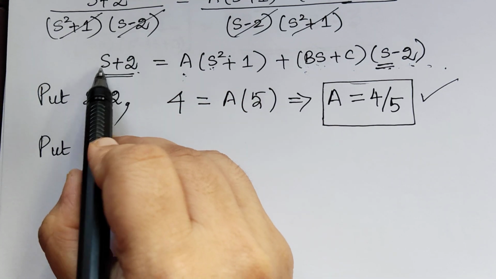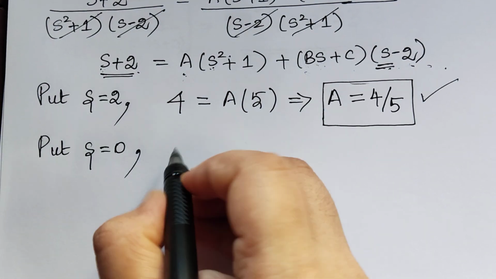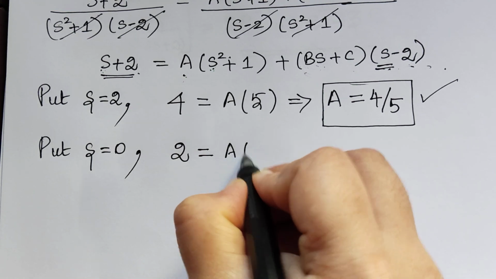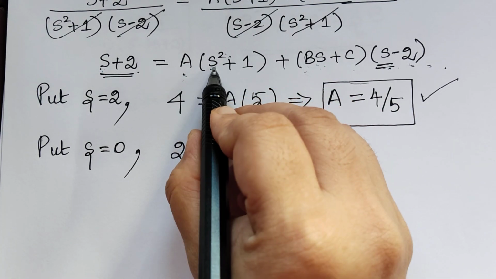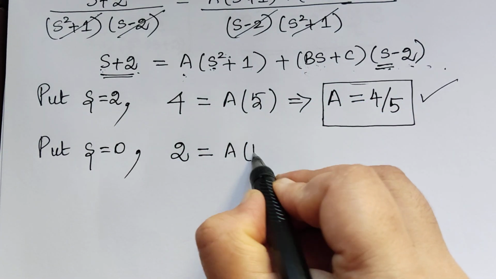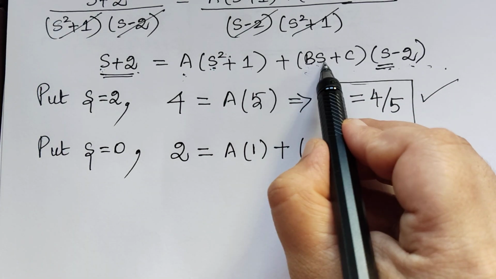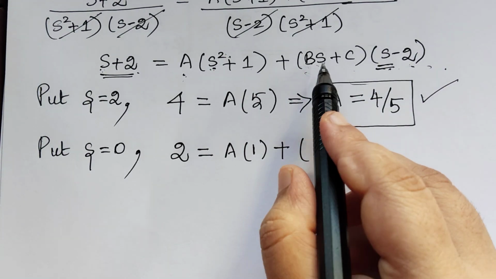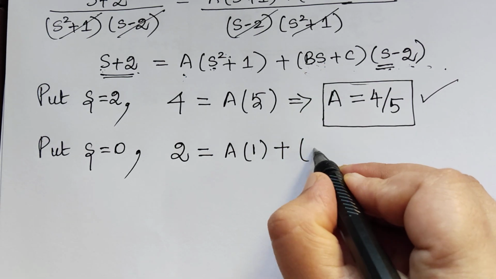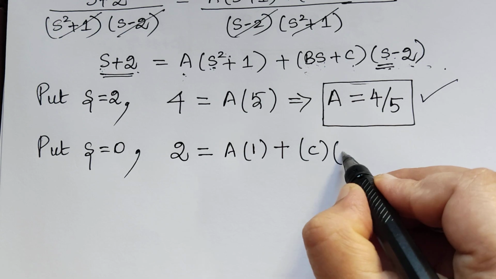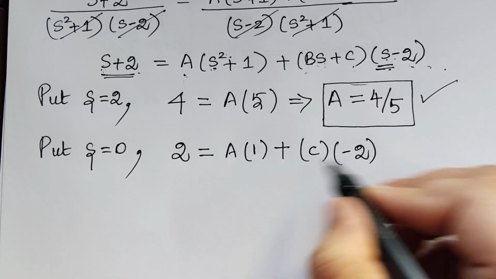So if we put s as 0 on the left, 0 plus 2 you will have, so it will be 2, which is equal to a multiplied with s square, 0 here you have. So 0 plus 1, which will be 1, plus here you will have b multiplied with 0, so that will be 0 only, and so you will be left out with c alone, multiplied with 0 minus 2, which is minus 2.